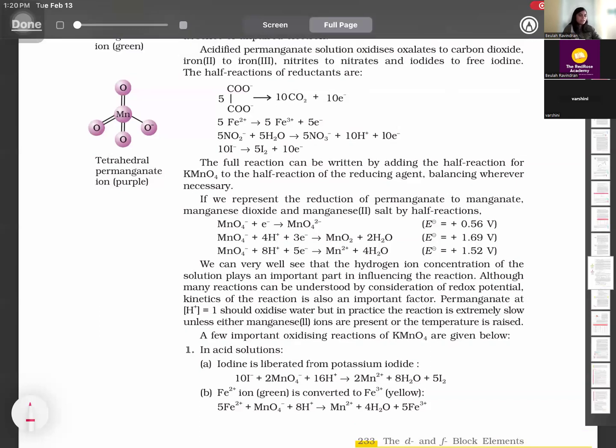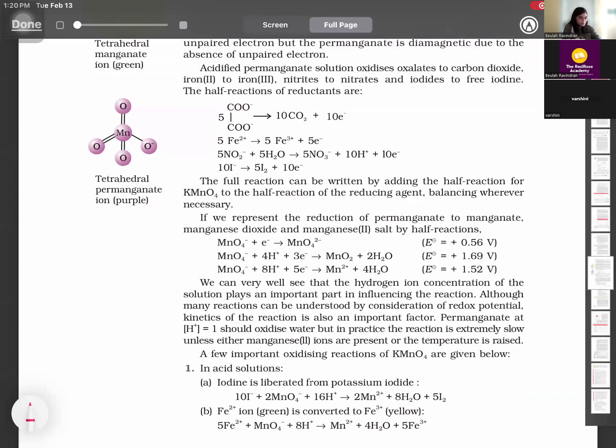Here also it is given acidified permanganate solution. It oxidizes oxalates to carbon dioxide. Then iron 2 to iron 3, nitrites to nitrates, and iodides to free iodine. So as usual, we saw, right?